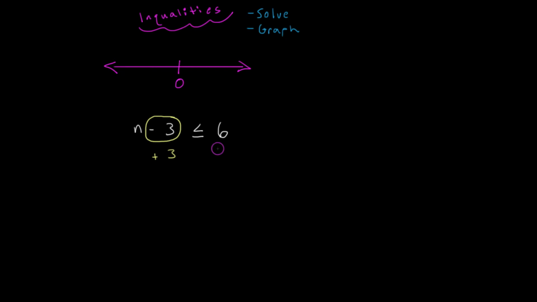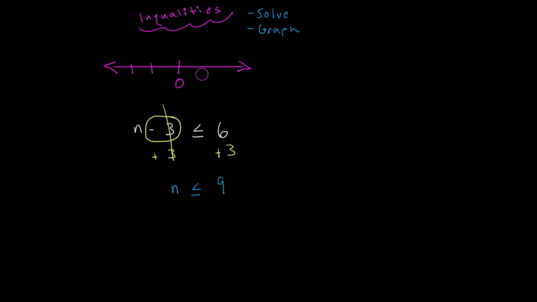The inverse is addition of 3. If I do it to this side, I've got to do it to the other side. And I can see that negative 3 and positive 3, or subtraction of 3 and addition of 3, cancel out. And now I'm left with n is less than or equal to, well, 6 plus 3 is 9. So n is less than or equal to 9, and I can graph this information.